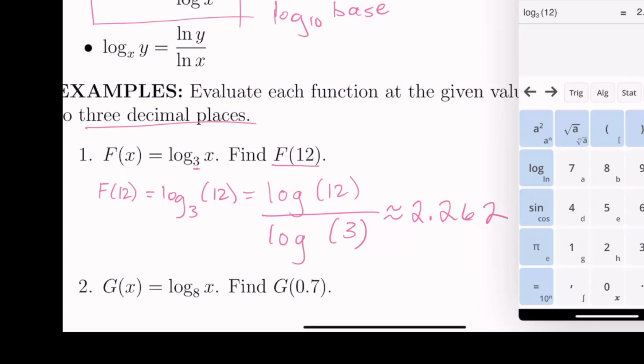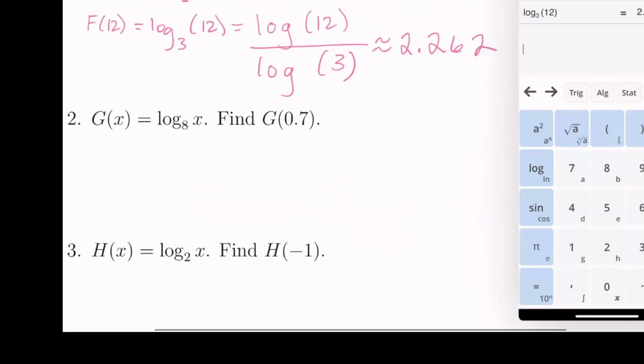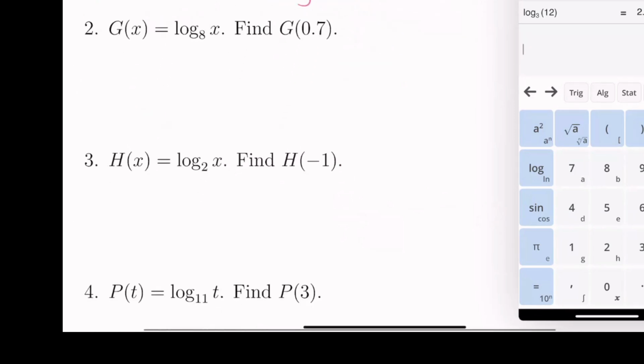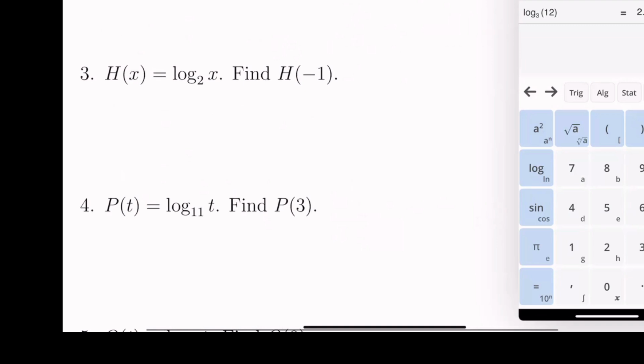So all 3 of those work. I'm just trying to give you the fastest option. And honestly, change of base is fastest on a TI 83 as well. This was for back when calculators didn't even have all these different options, and you only had common log and natural log.